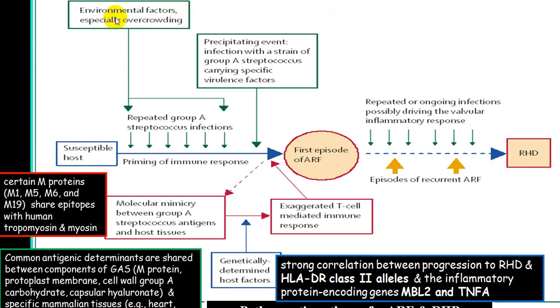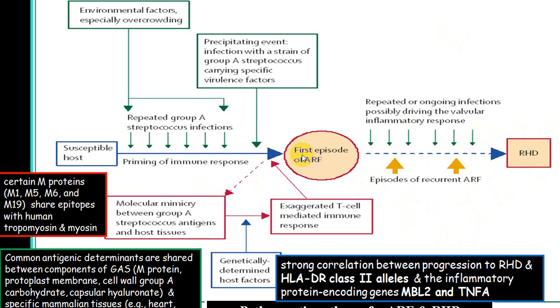Among environmental factors, especially overcrowding, there will be a susceptible host with a genetic factor and an immune response because of repeated group A beta hemolyticus streptococcal infection, and there will be precipitating events, infection with group A beta hemolyticus having virulence factors, particularly types 1, 5, 6, 19, and they will produce the first episode of acute rheumatic fever because the antibodies produced will act with antigenic material present on skin, brain structures, endocardium, other cardiac structures as well as joint synovial membrane, and it will result in episodes of recurrent rheumatic fever, which can end in rheumatic heart disease.